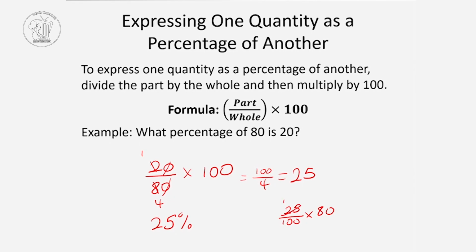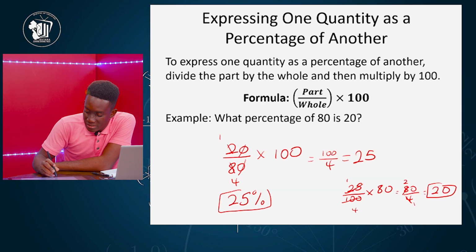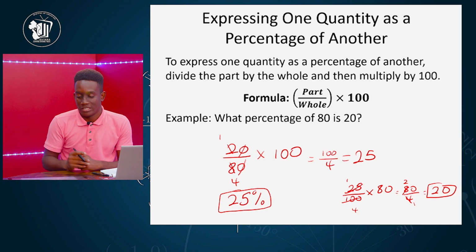So 25 ones, 25. 100 divided by 25 is 4. So 80 divided by 4 would be 20. So 25% of 80 is 20 indeed. So our answer of 25% is absolutely correct because we checked it by answering the question.